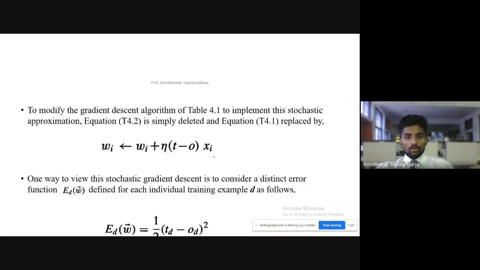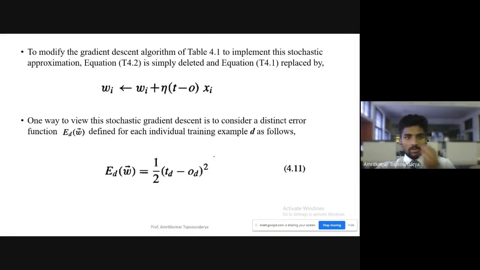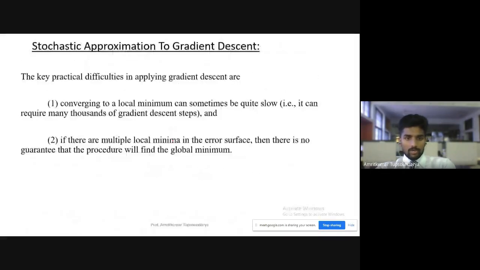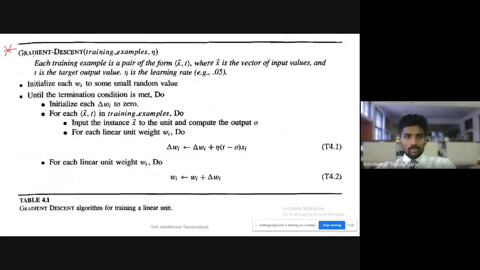Now, just to give you a brief understanding, when we understand the gradient descent algorithm here, the stochastic gradient descent algorithm is almost similar. Each of these steps remains almost similar, but only the change in the weight differs.